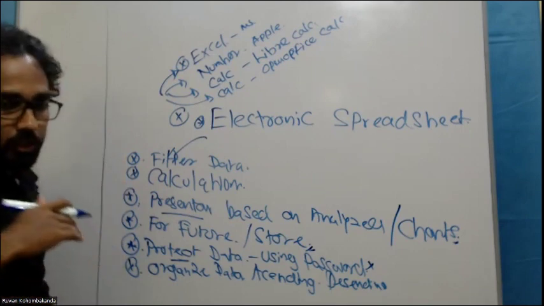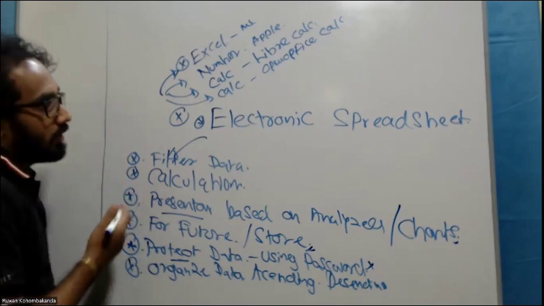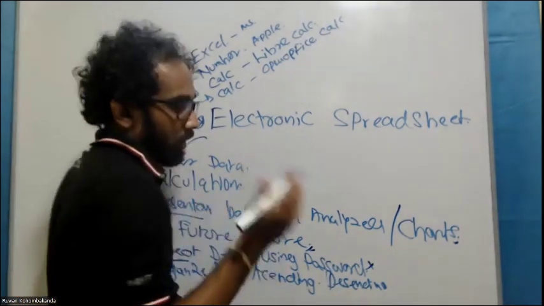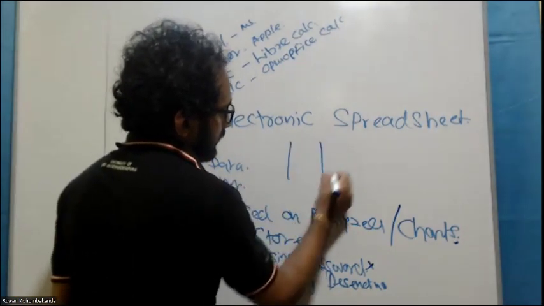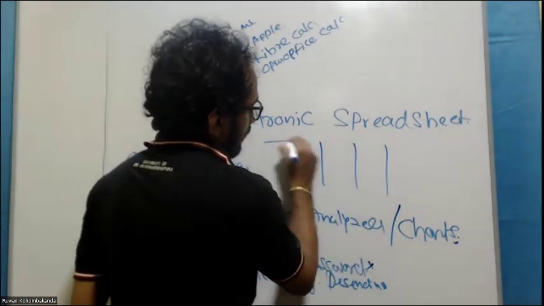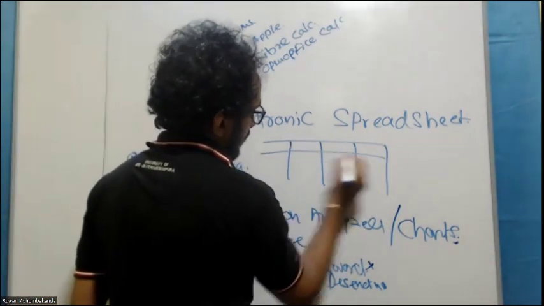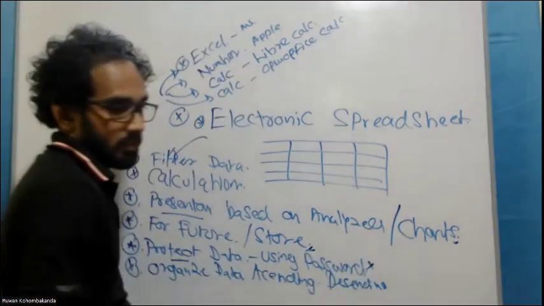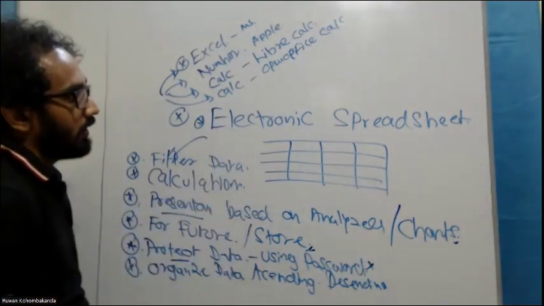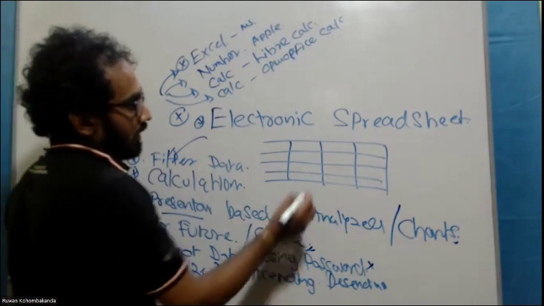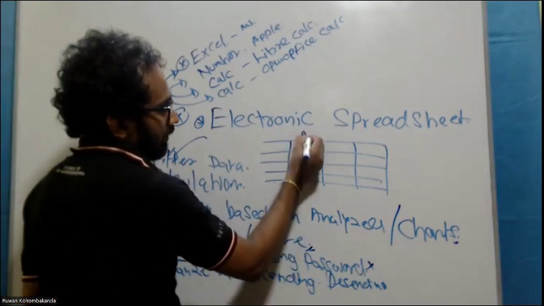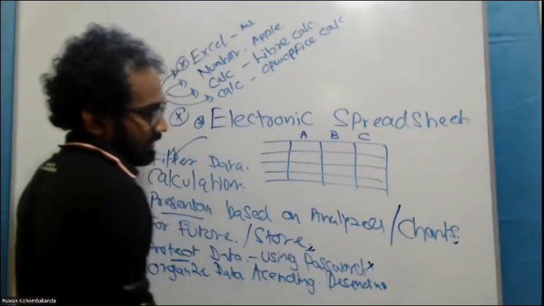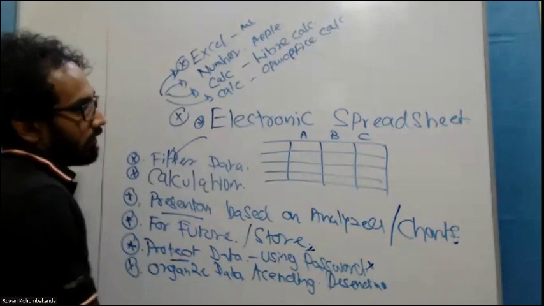We talk about different kinds of features in the electronic spreadsheet. First, what is a column? Like this, I draw a table. There is a name for the columns starting from A, B, C, and so on.